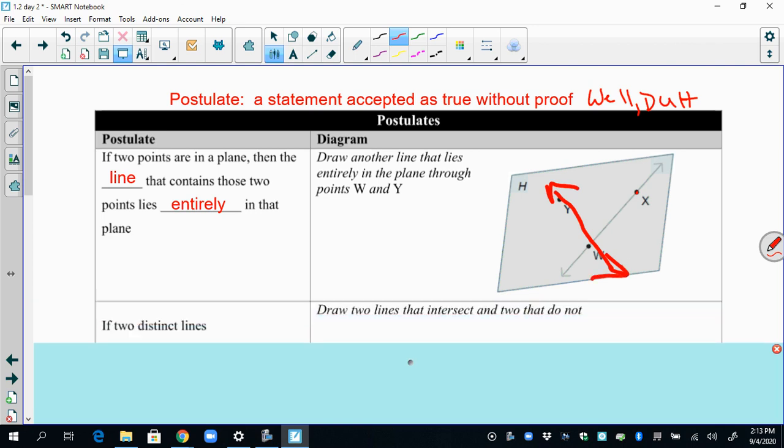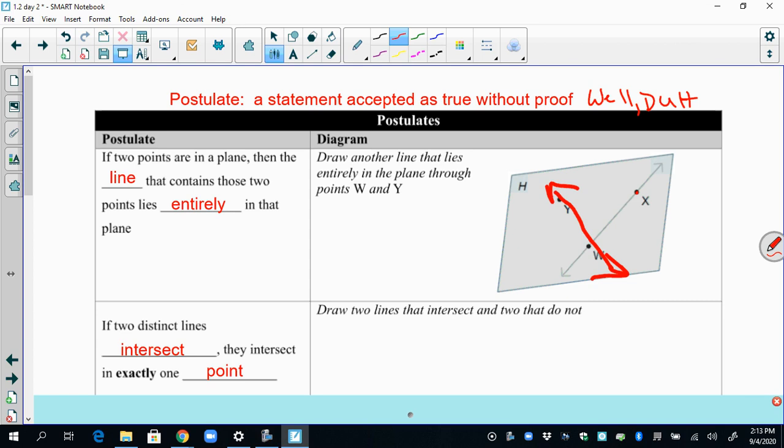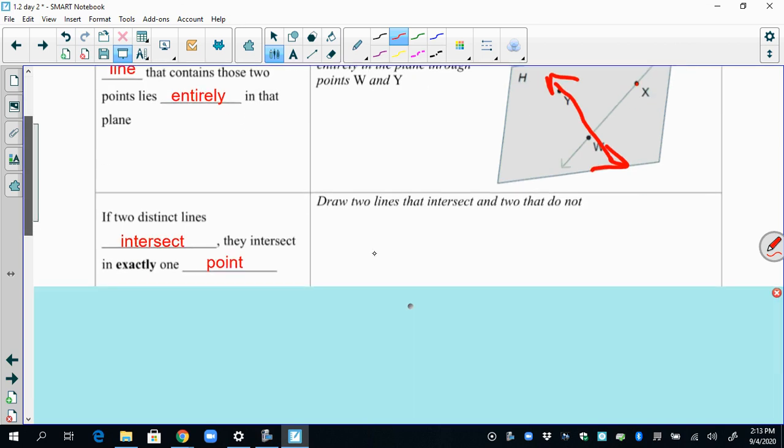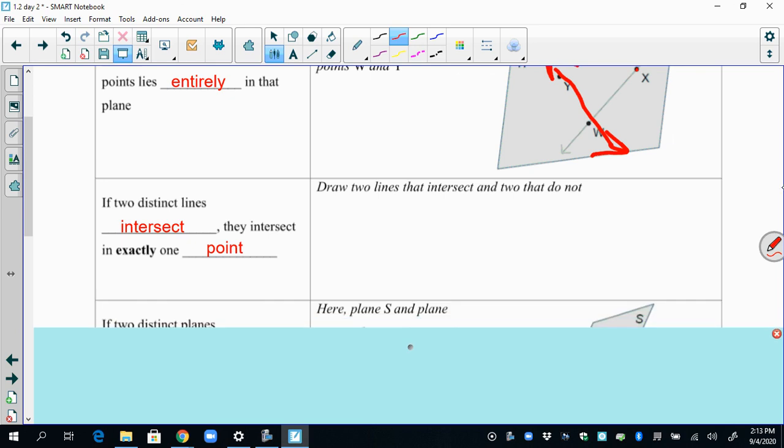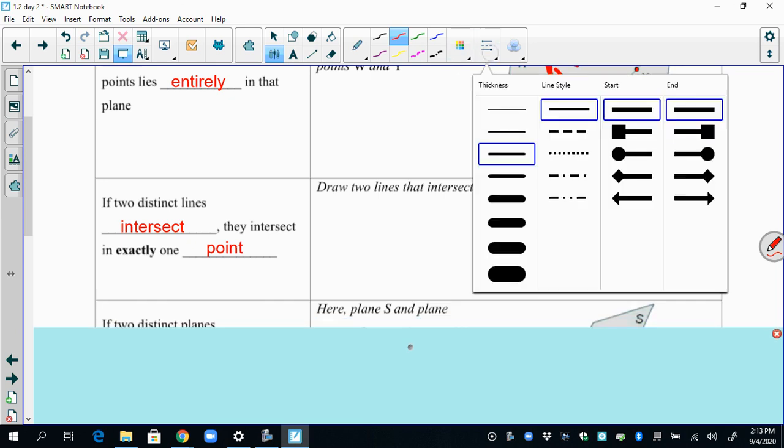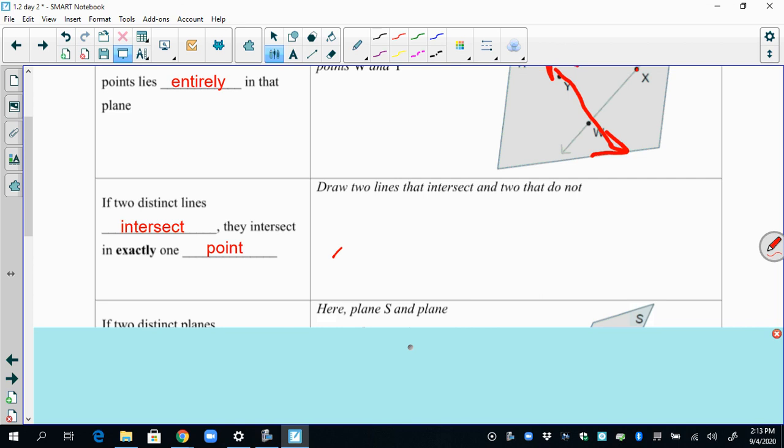Okay, the next postulate we have. If 2 distinct lines intersect, they intersect in exactly 1 point. So I want to draw 2 lines that intersect. We did that on the previous page. Okay. Their point of intersection, I'll call it point P, is where they intersect.